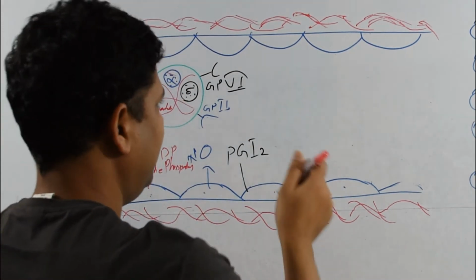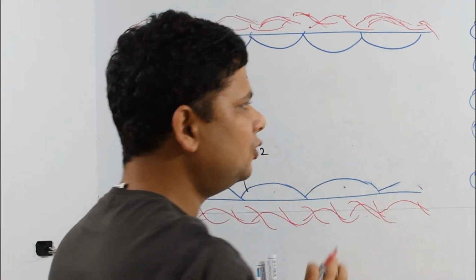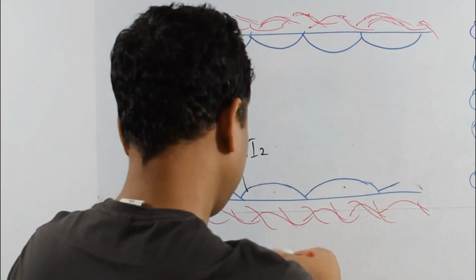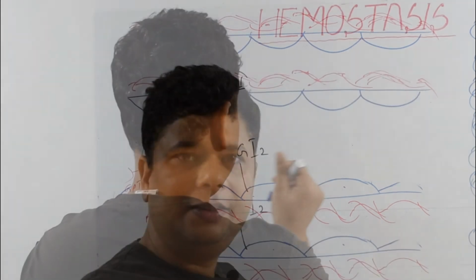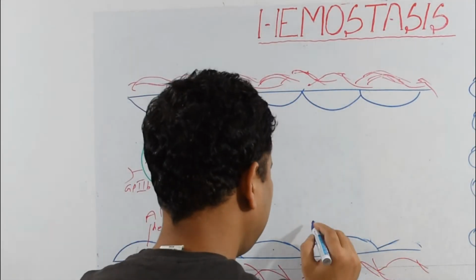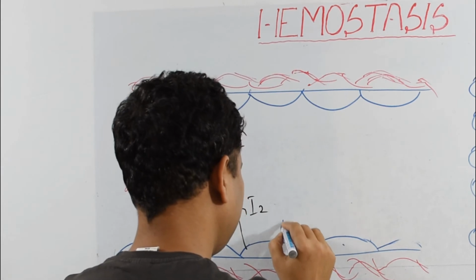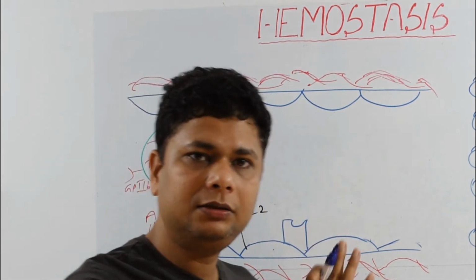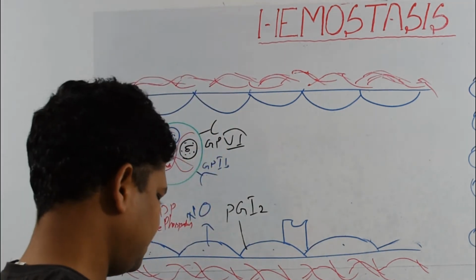What happens to fibrinogen and other clotting factors? We'll see. There is a molecule called heparin, which is present on endothelial cells.